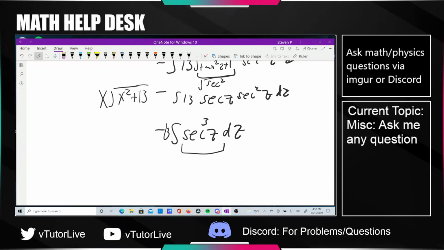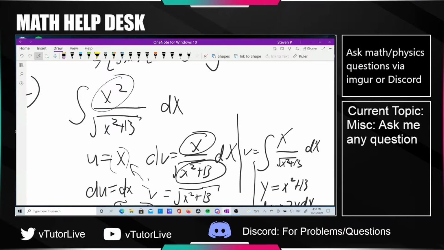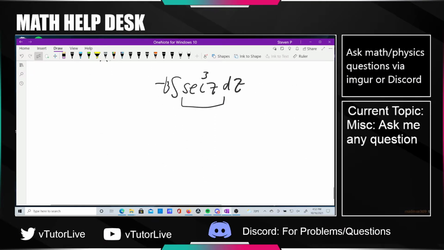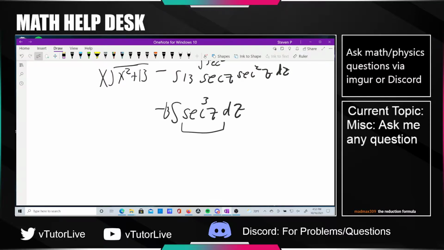Maybe there's a clever way to do this integration by parts, but we already used integration by parts up here, right? So I wouldn't worry about this problem too much because, like I said, there's this really strange thing called the reduction formula that is like a silver bullet for this kind of integral. But I think that the problem is instructive enough if you can just get it to this point right here.